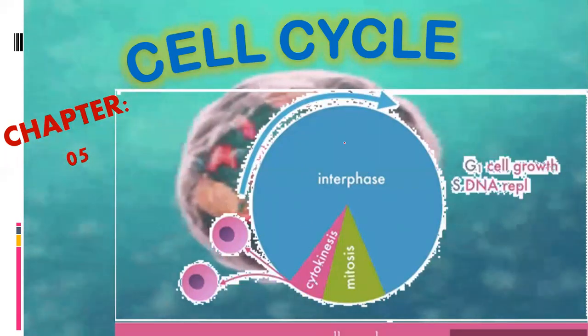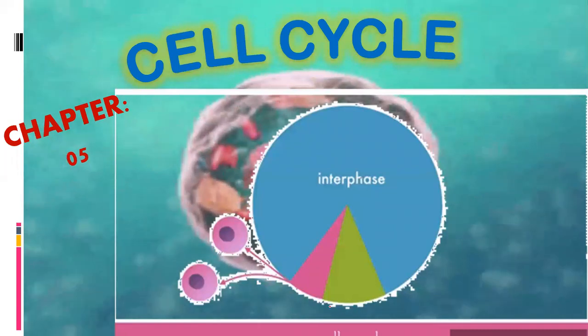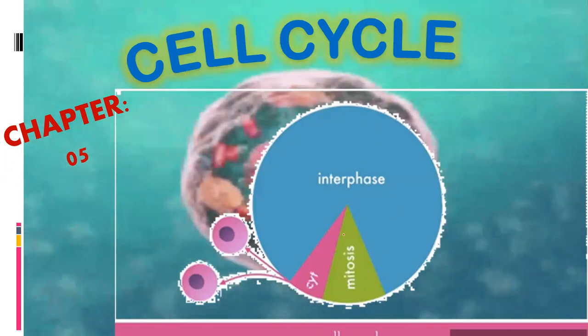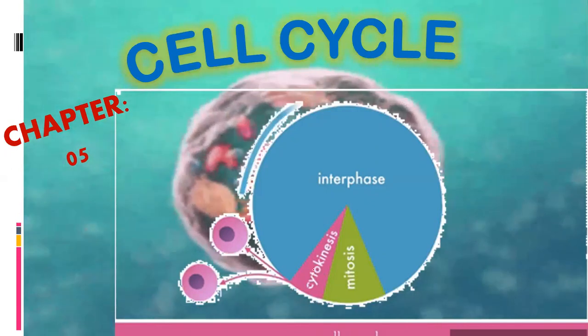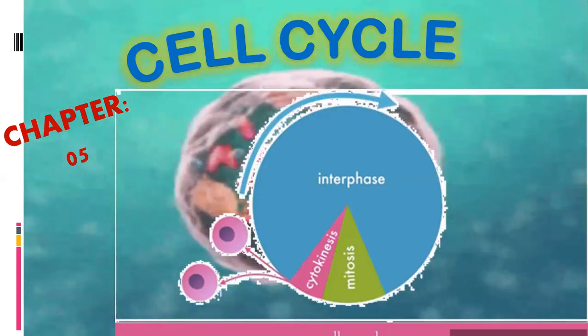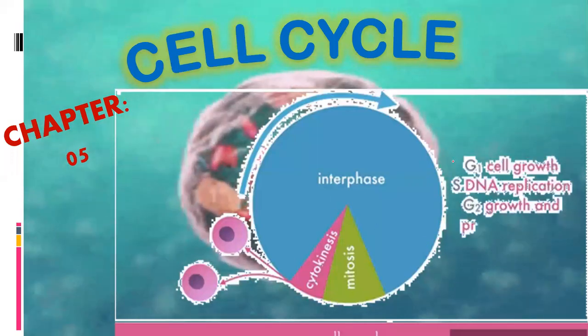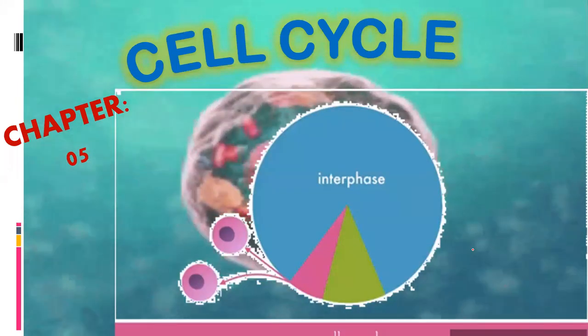You can see here there is a cycle. Cycle means the process which repeats again and again. The blue one is the interphase. This is the longer phase, and the green one is mitosis, then cytokinesis, then the cell divides into two, then this cycle repeats again. And in the interphase there are the G1, S, and G2 phases for the preparation of the division of the cells.